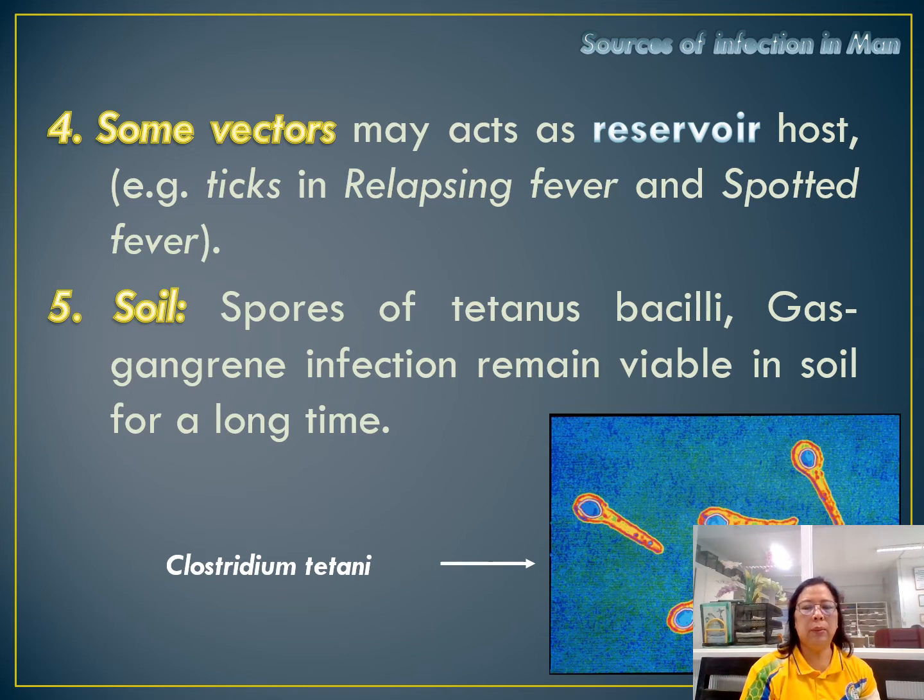The gas gangrene infection present in soil could lead to tetany or tetanus. So you have Clostridium tetani causing tetanus. And they are not only found in rusty metals, as our parents claim as the source of tetanus, but also in soil.